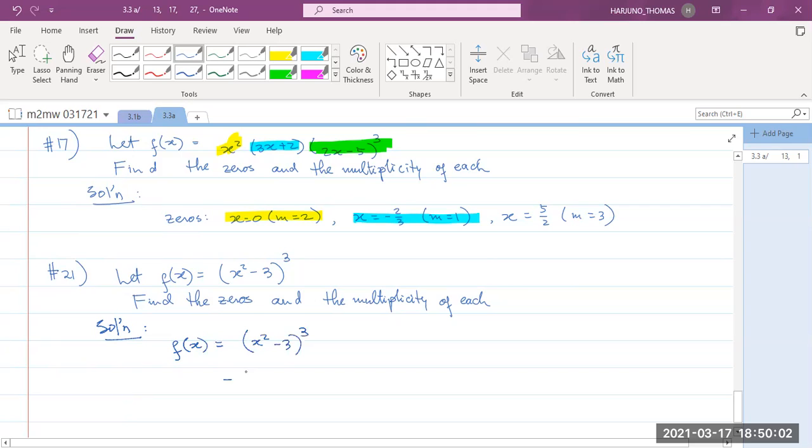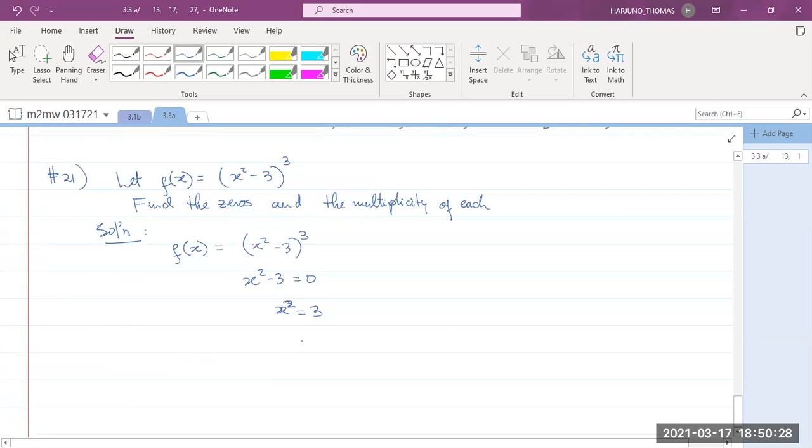Now I will factor this x squared minus 3 further. Or you can find the zeros if you want. Let's find the zeros. So x squared minus 3 equals 0, x squared equals 3, then x equals plus or minus radical 3.